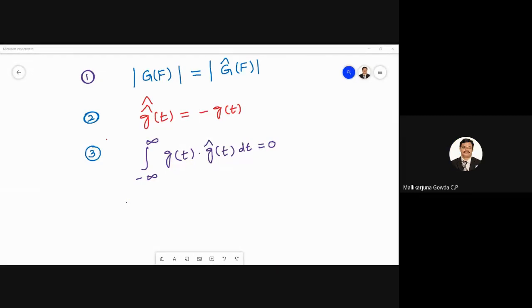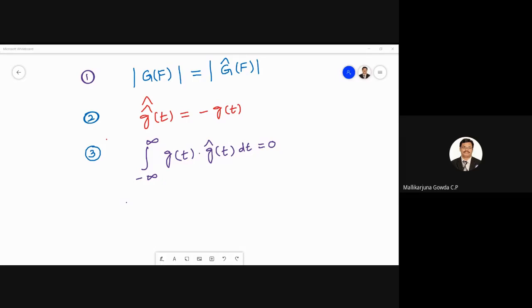We will come back to the practical side, how we apply all these concepts to our communication system design. But at the beginning, I need to deal with as good as mathematics only, so you may feel that it's full of mathematics. Yes, that is true. But when we take up a communication system, as I said, the Hilbert transform is used for band pass signal representation.